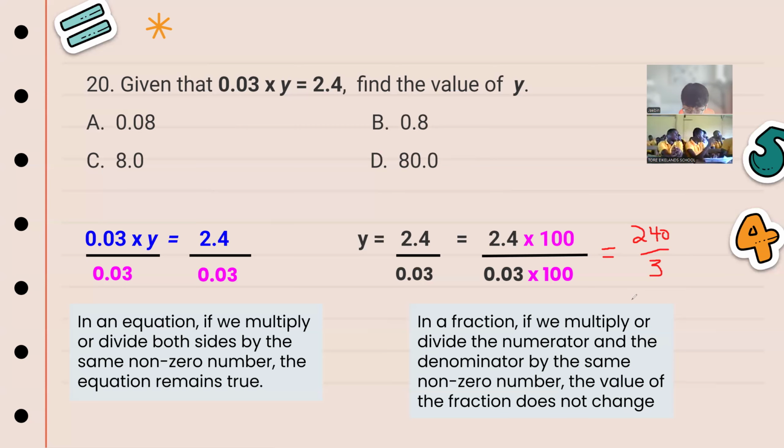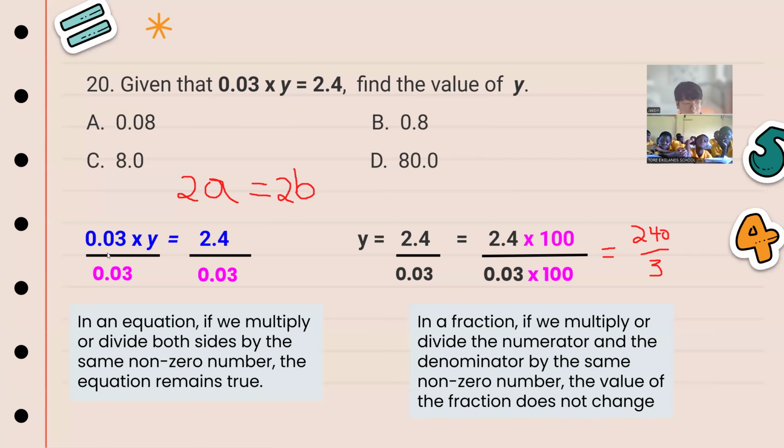If we have, let's say, any equation, A equals B, then we can do anything on both sides. So we can multiply by 2: 2A equals 2B.